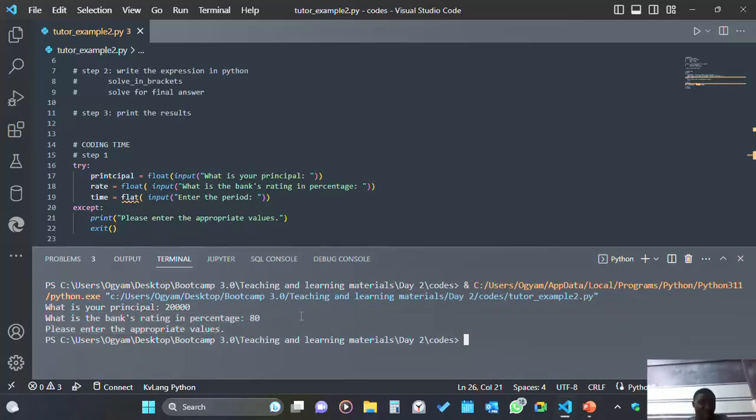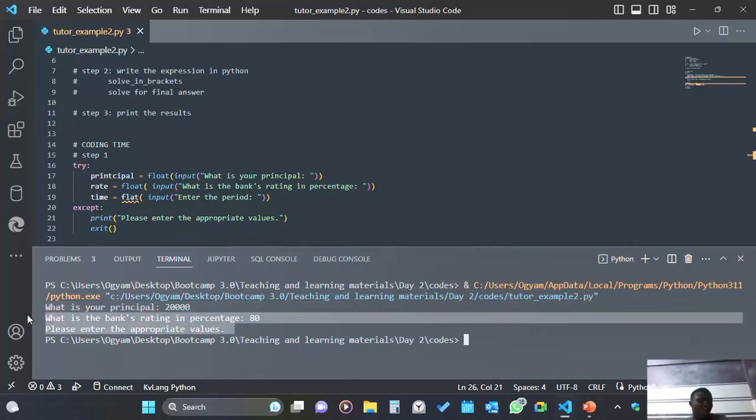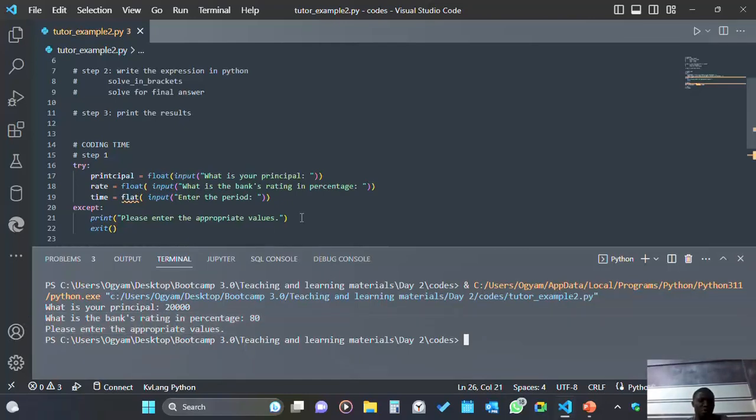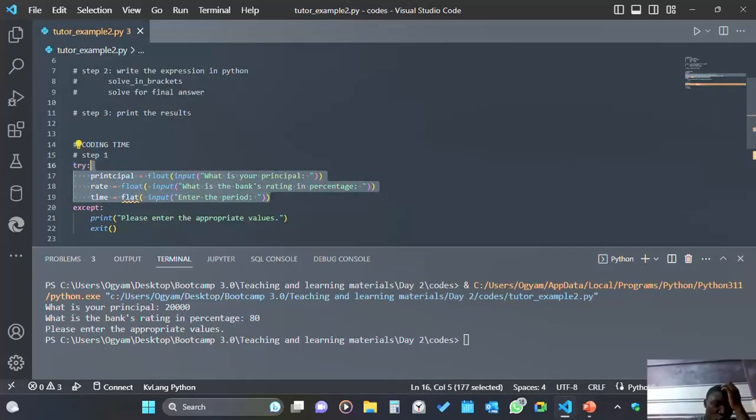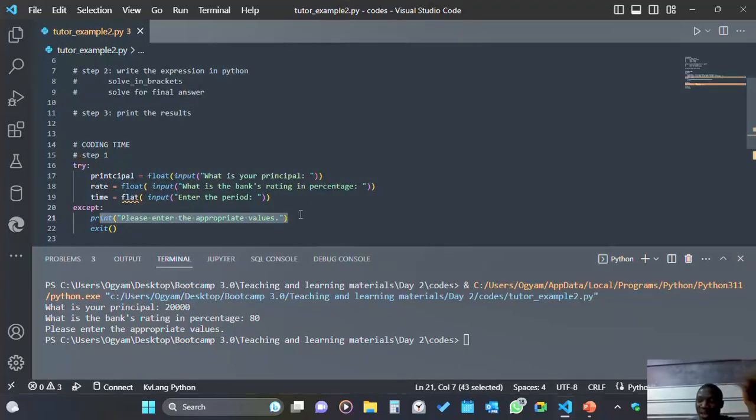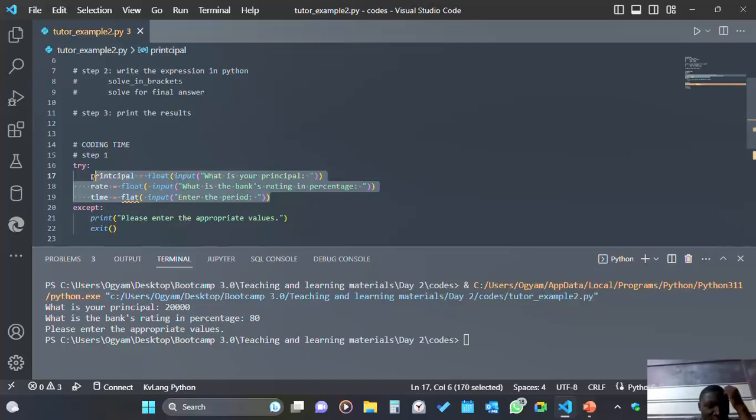But 80% is the appropriate value. So what caused this to run? So you see that this is in the except column, and I'm saying that if something fails here, automatically this one runs. It doesn't mean it runs only if the user enters the wrong data. Now, something should fail here. So the question is, what failed here?